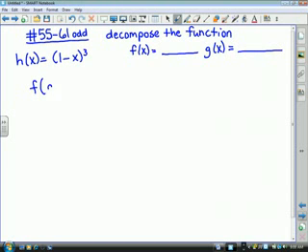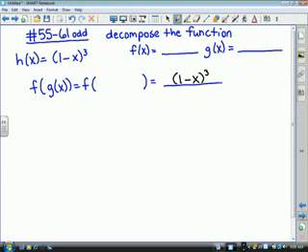You're going to tell me what f and g would have to be so that if I do f of g of x, I end up getting this right here.